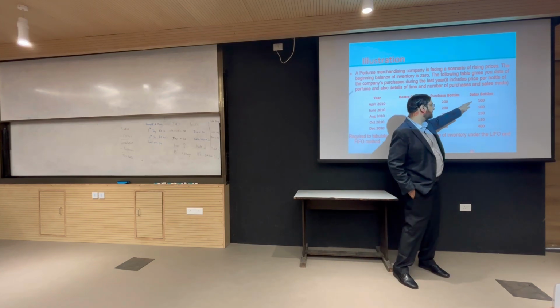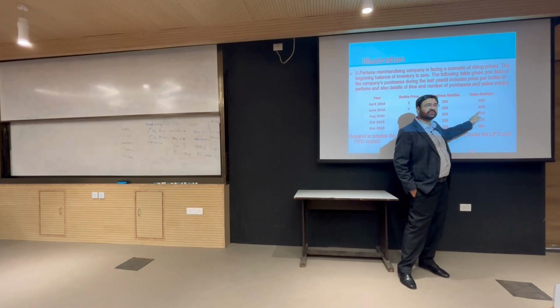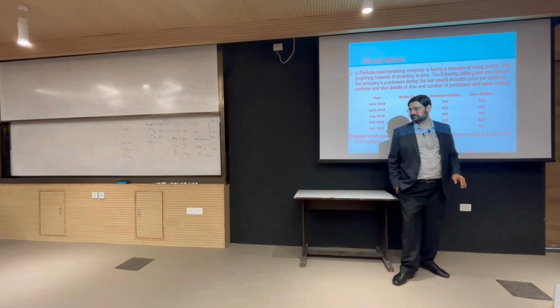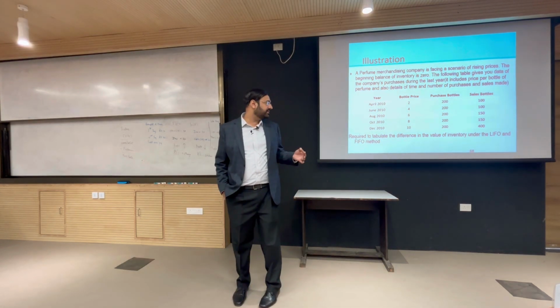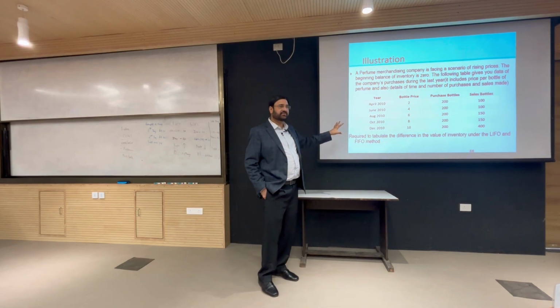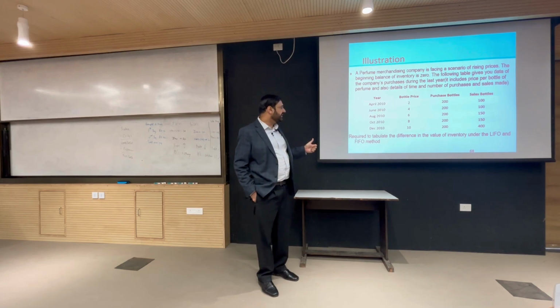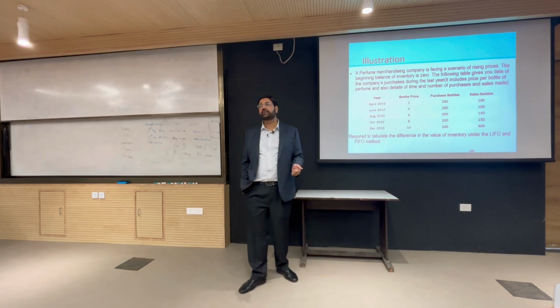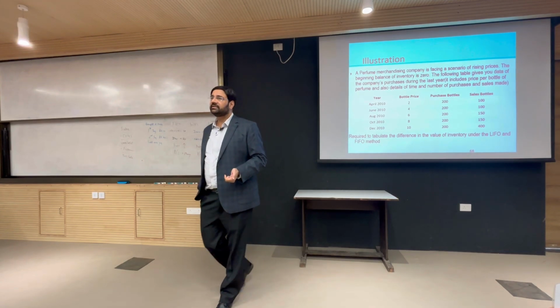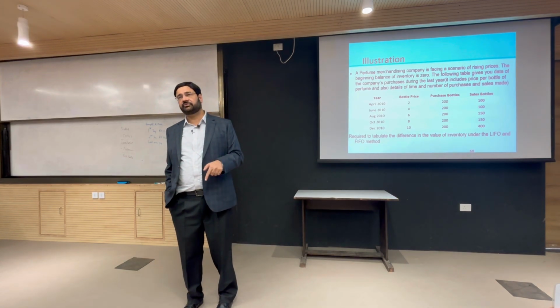First 2 months we sold 100 each, next 2 months we sold 150 each, and last month we sold 400. So the question is understood. Now the data is understood. Question is to calculate the cost of goods sold and the value of inventory using LIFO and FIFO.